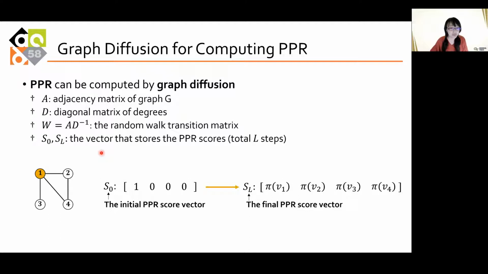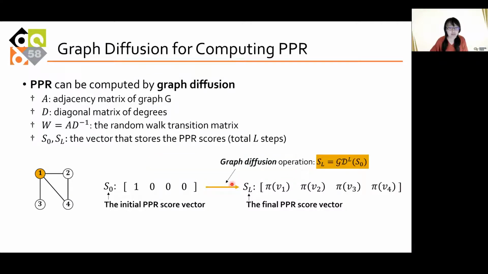These vectors store the PPR scores. S0 is the initial PPR score vector, and SL is the final PPR score vector after total L steps. And here, SL can be computed using alpha, S0, and this transition matrix W iteratively using this equation.